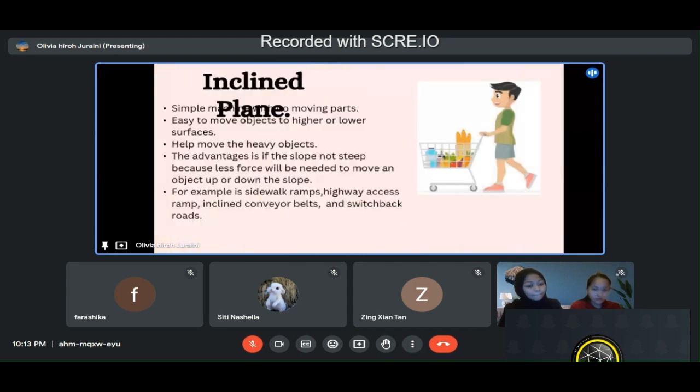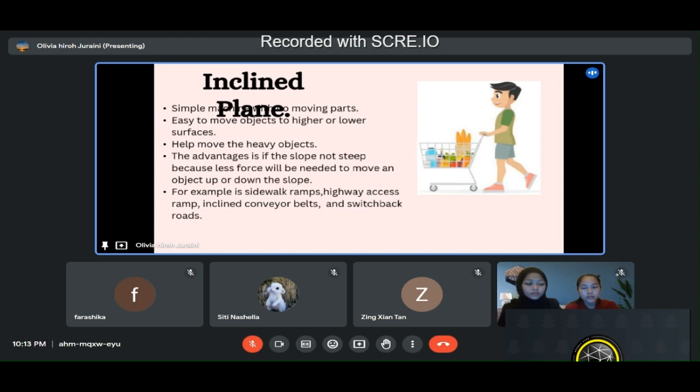The first one is the inclined plane. An inclined plane is a simple machine with no moving parts, and it is easy to move objects to a higher or lower surface. It is also used to help move heavy objects.